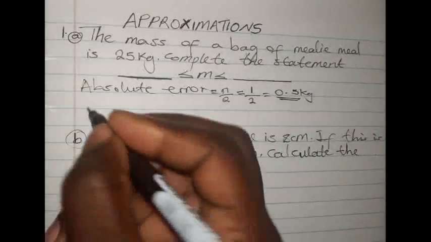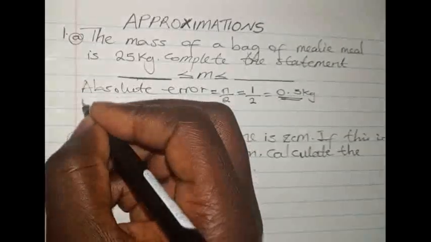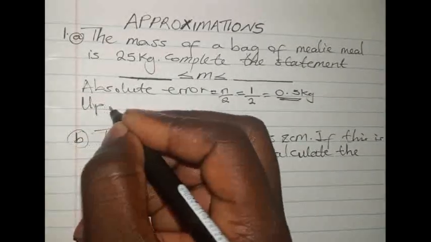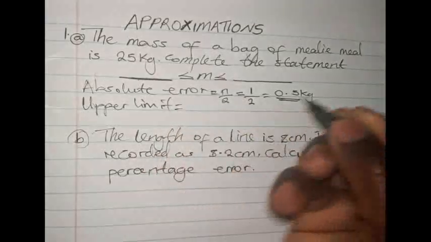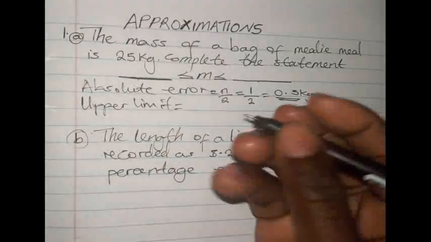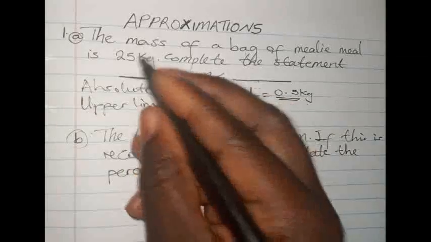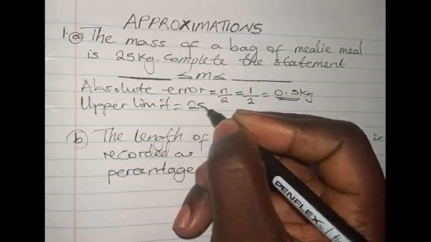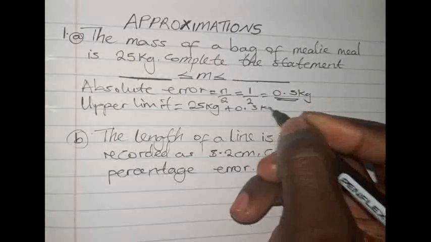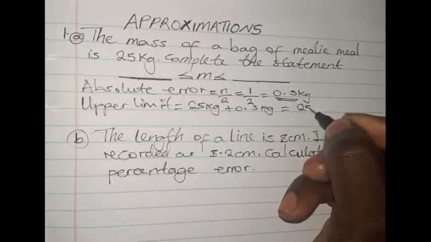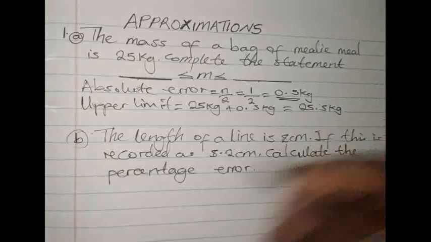Now how do we find the upper limit? The upper limit is that we add the true value, which is 25 kg, plus 0.5 kg, which will give us 25.5 kg.